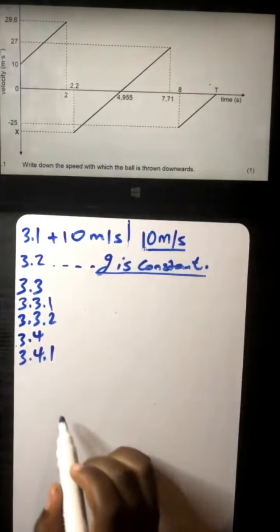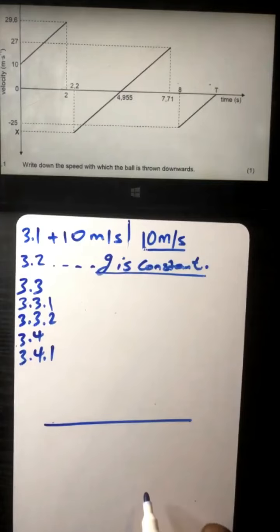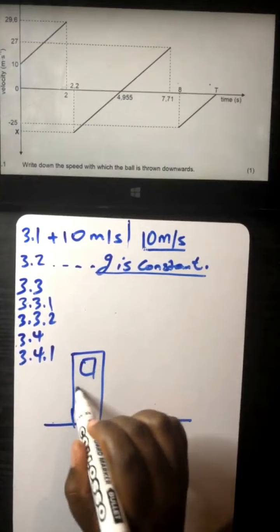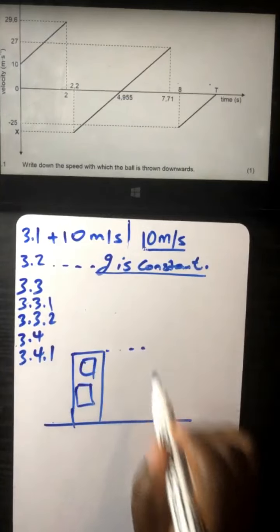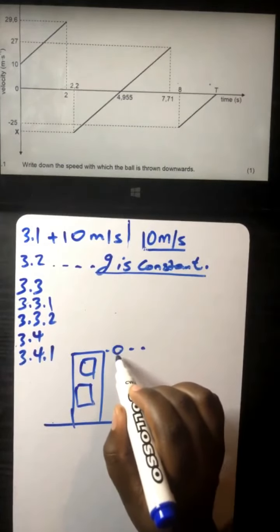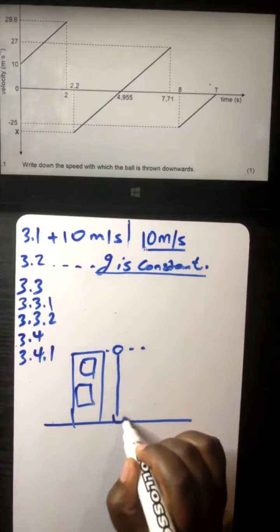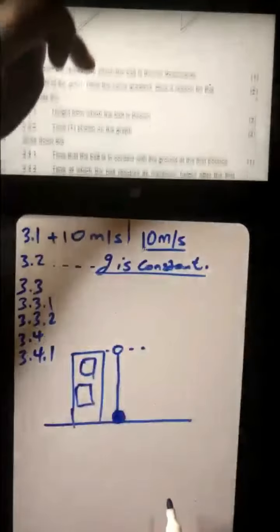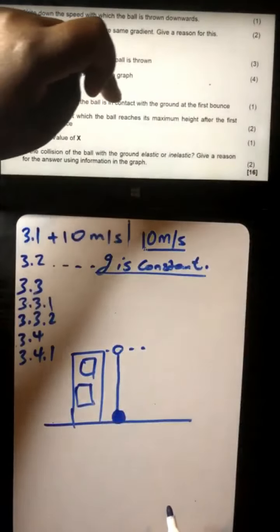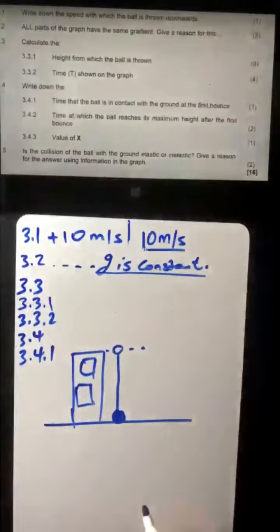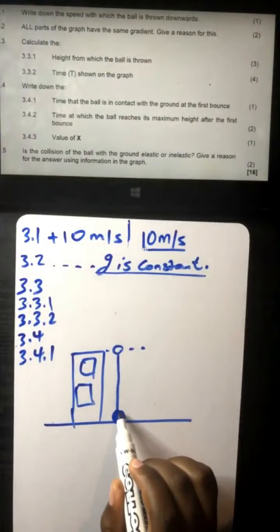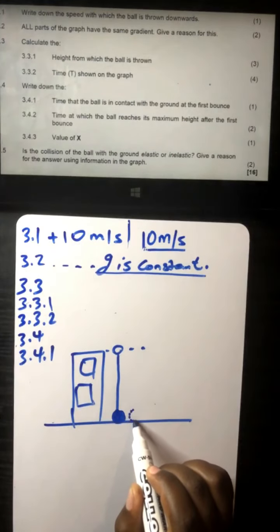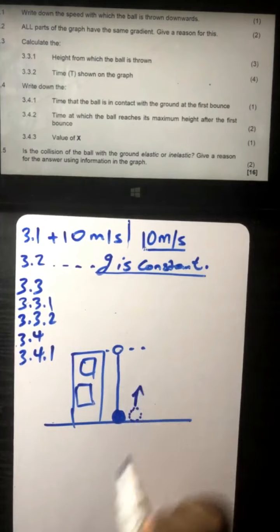So this is the ground, and the ball comes from the top and hits the ground. So the question wants to know the time that the ball is in contact with the ground at the first bounce. So they want to know how long the object stays on the ground when it bounces.